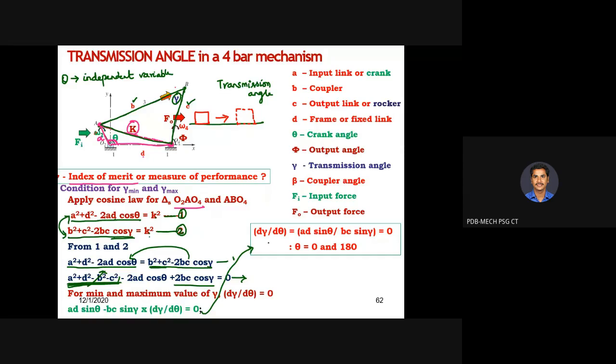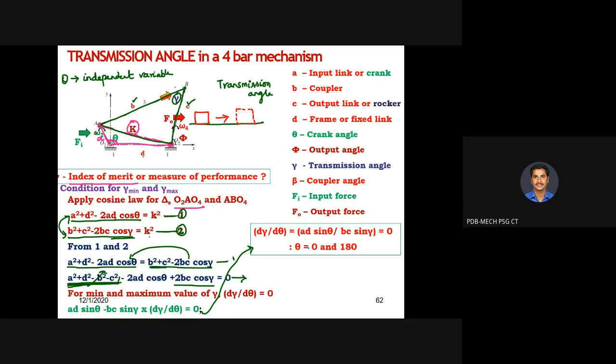If you simplify, keeping only d gamma by d theta and taking everything else to the right hand side, you will be getting ad sin theta divided by bc sin gamma. Now tell me, for which case you will be getting the minimum and maximum value. We have two extreme conditions: theta equal to 0 degree and theta equal to 180 degree.